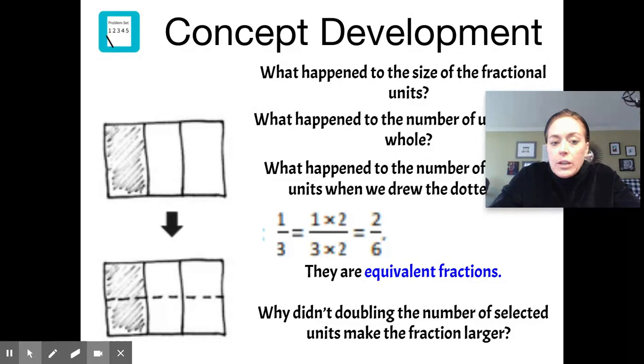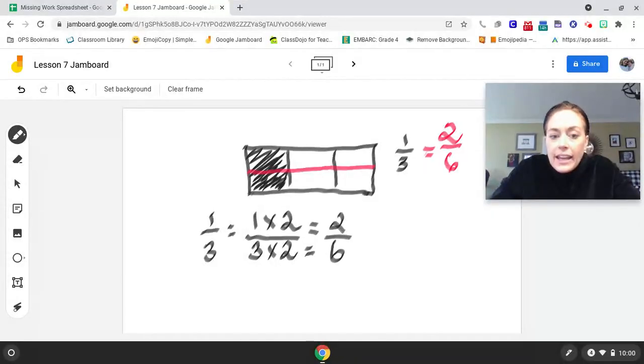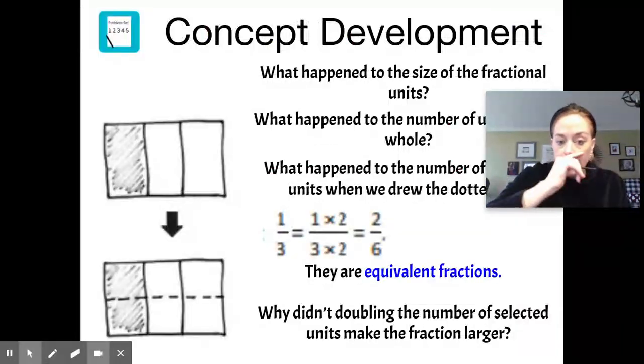What it's doing is breaking your fraction into smaller pieces. So remember, I've been saying 1/3, you actually have larger pieces, right? When you double it, the pieces are becoming smaller, right? So we're taking the same fraction and we're just making the pieces smaller.